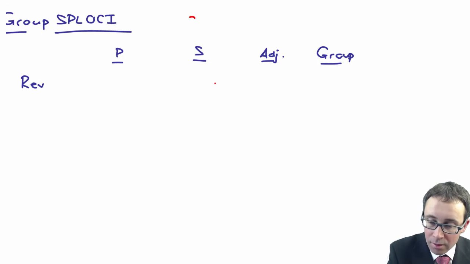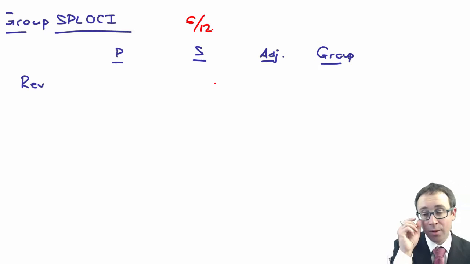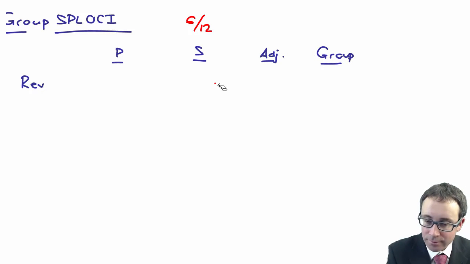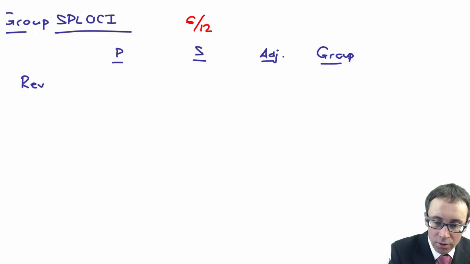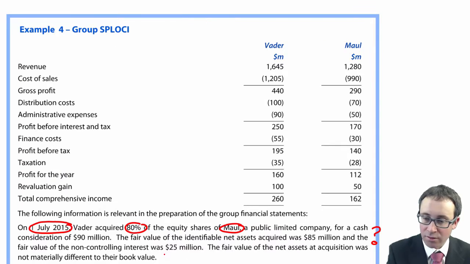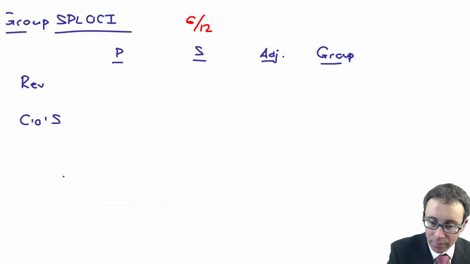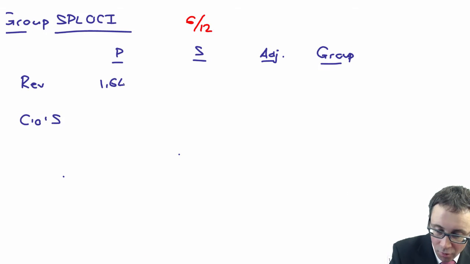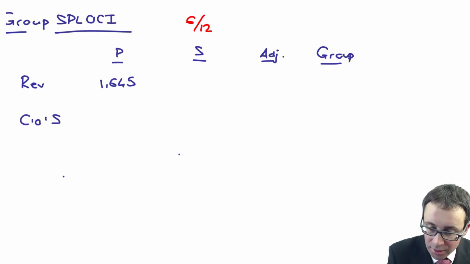And remember, the sub, we need 6/12, don't we? We've also got to think about your cost of sales. Okay, so let's get the easy marks first, shall we? 1645 and 1280, but if we put in the 1645, remember 1280 we need to prorate by 6/12. So that's 640.